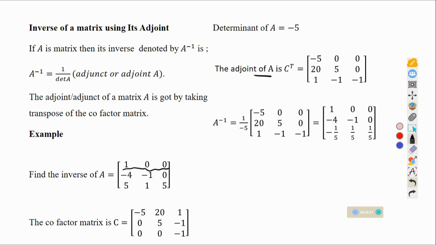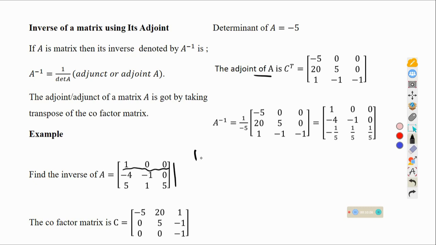Let me choose this row, with the advantage that it contains most entries as zeros. When it contains most entries as zeros, it is the easier row to consider. You can also consider this column here, 0, 0, 5. Still you will get the same answer.